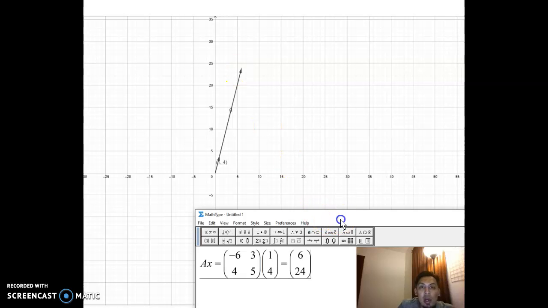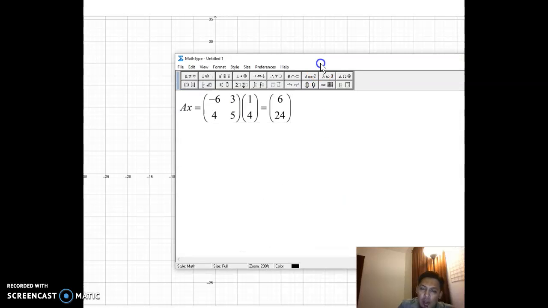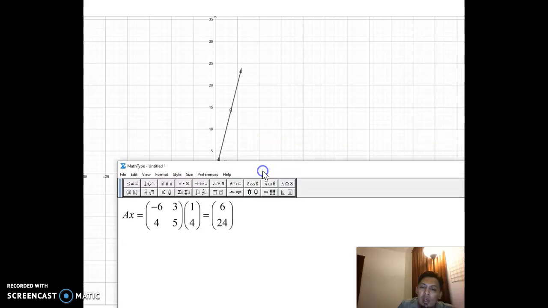So where is the eigenvector and where is the eigenvalue? We know that this is the eigenvector. So how do we actually find out the eigenvalue? We can find it out by finding the length, just by trying to simplify this with respect to this vector.